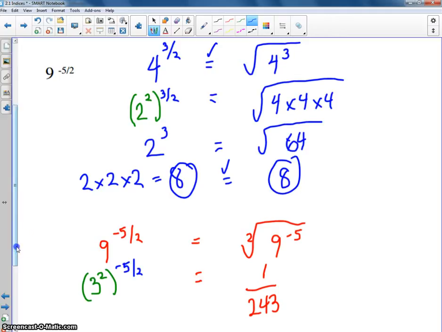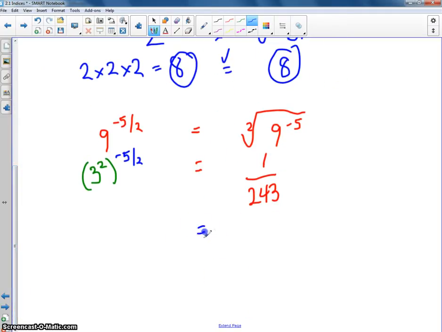Because it's a negative index, as in my previous video, we need to write it down as a fraction. So this becomes 1 over 3 squared to the power of, this time, positive 5 over 2. Then we simplify that. That becomes 1 over 3 to the power of 2 times 5 over 2. 2 times 5 is 10, and 10 divided by 2 is 5. So 3 to the power of 5.